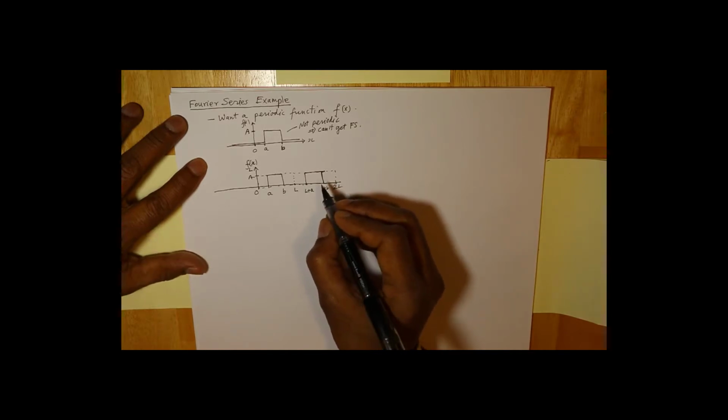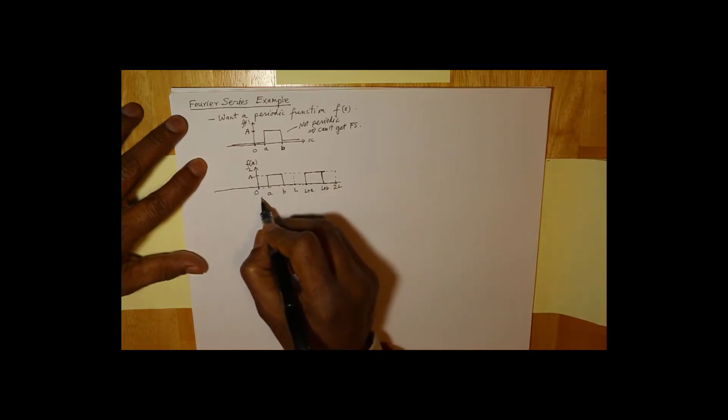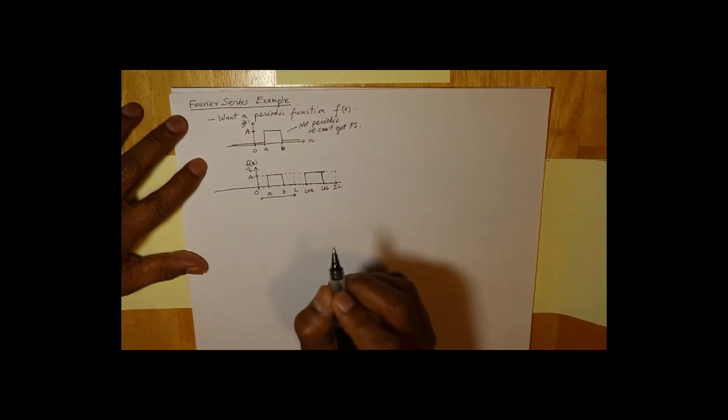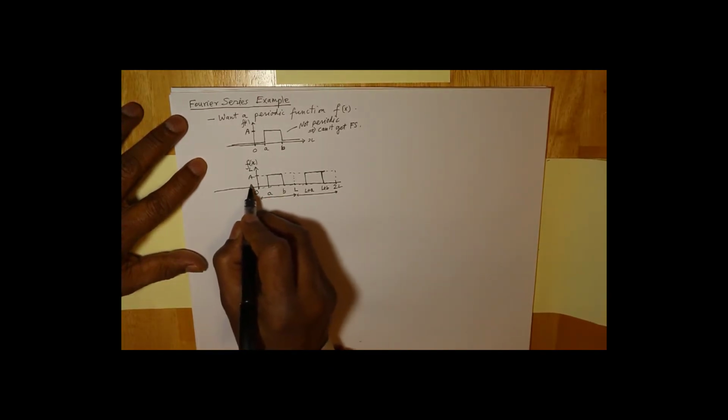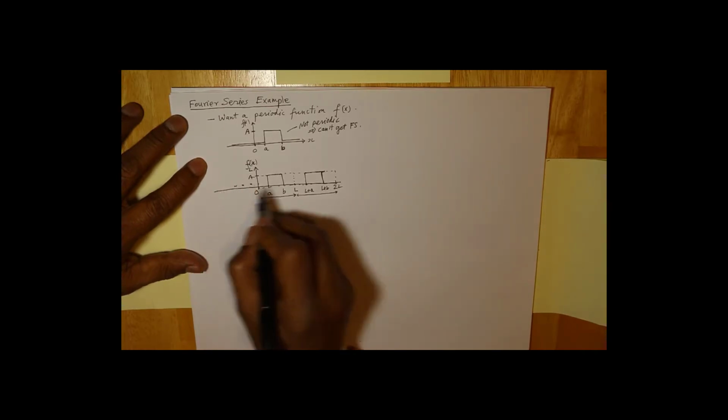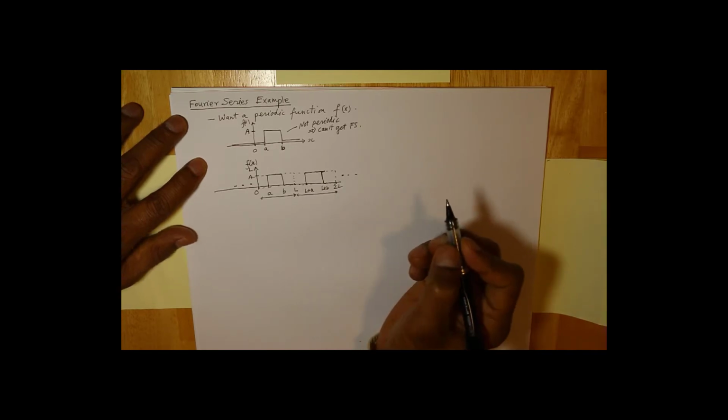As a matter of fact, you could take any L here, so this is the period, and we can say by putting dots here that it repeats on this side and repeats on this side.